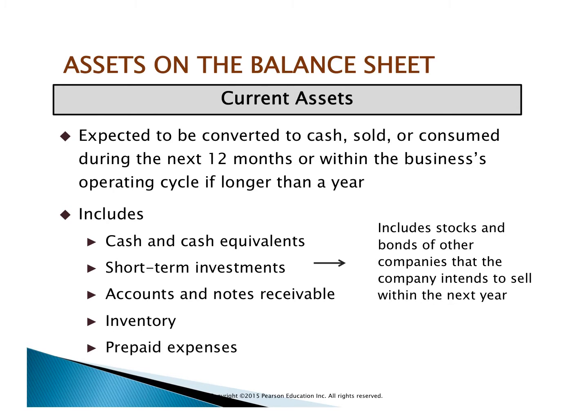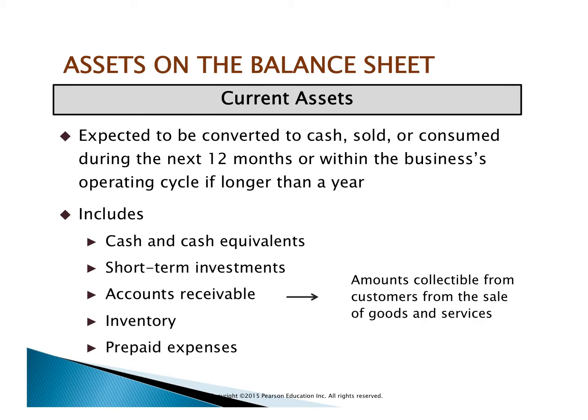Short-term investments include stocks and bonds of other companies that the company intends to sell within the next year. Accounts receivable are amounts to be collected from customers from the sale of goods and services.